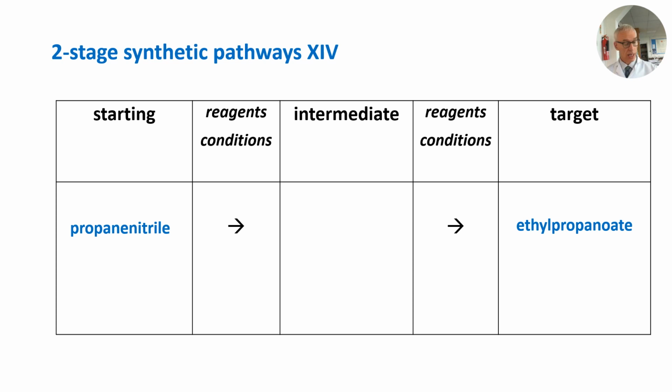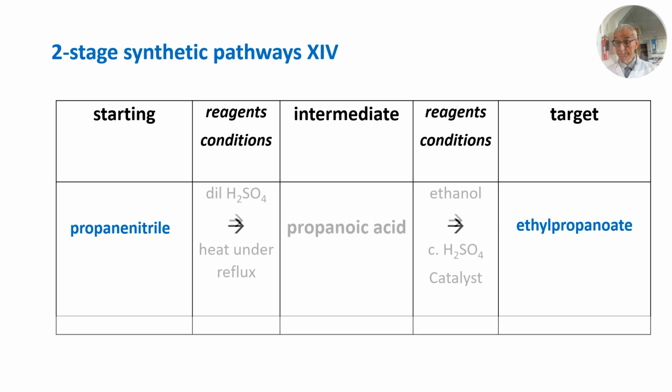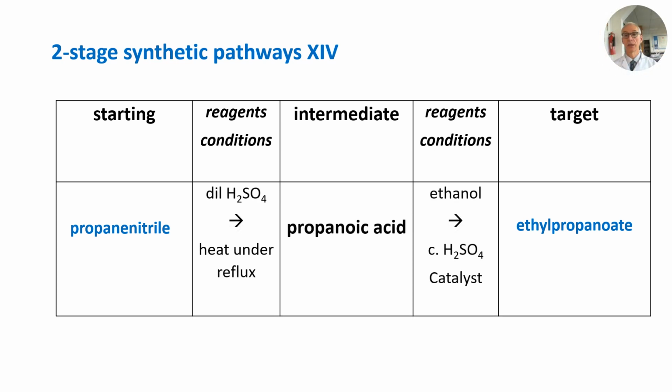Okay, so I am going to reveal. Propane nitrile to propanoic acid, and then propanoic acid reacts with ethanol, concentrated sulfuric acid catalyst, to ethyl propanoate.